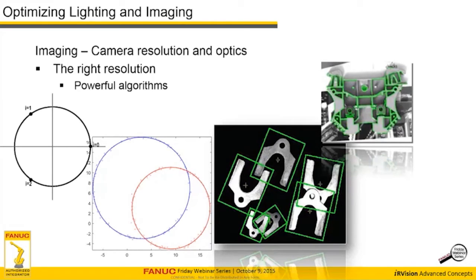The good news for us is that all of our algorithms that are designed to do location, things like geometric pattern matching, blob location, compound locator tools, all use many, many points around the circumference of the circle to discover the circle. In math, if you remember your high school math, that's called an overdetermined equation.